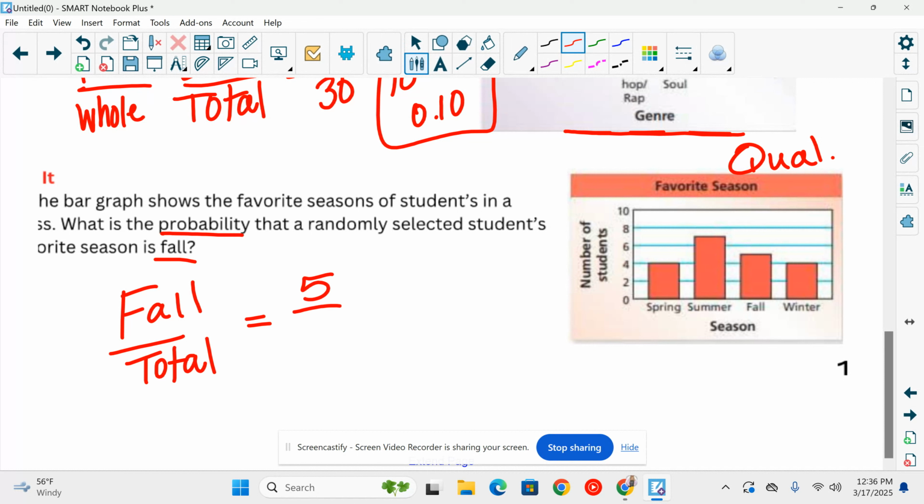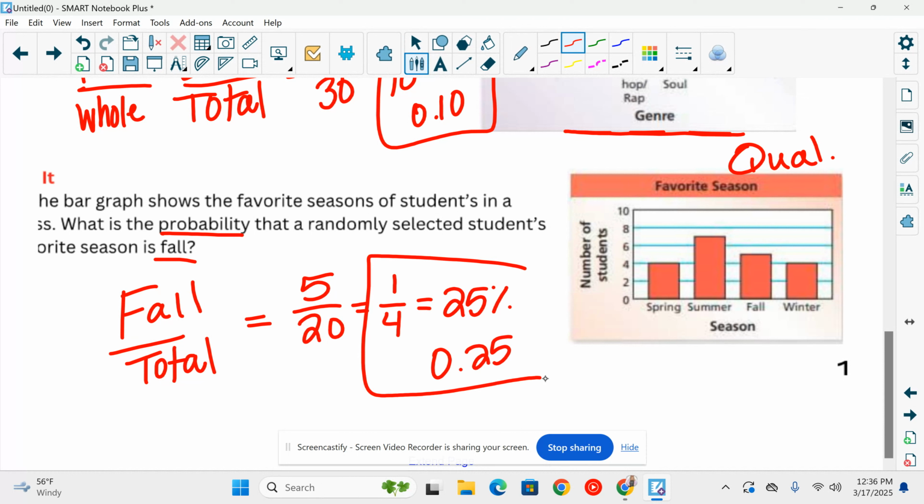I have a total of how many students? Which simplifies to 1/4. Which as a percent is 25%, and as a decimal is 0.25. Pretty easy so far, right? And straightforward.